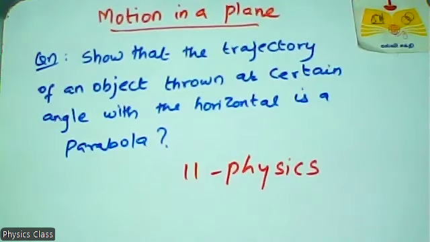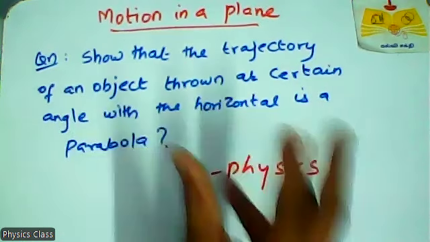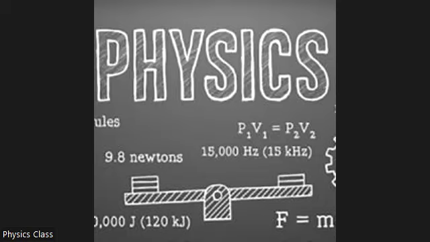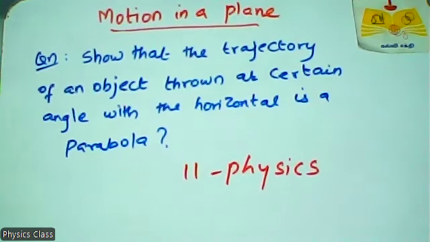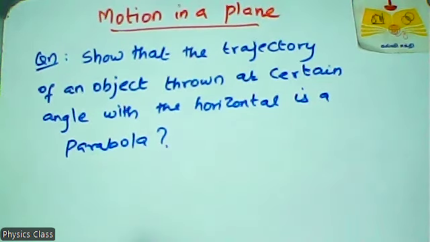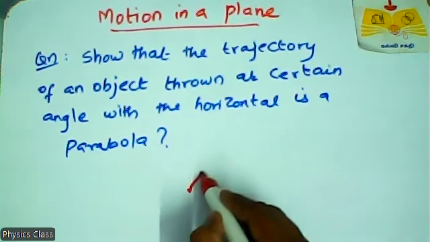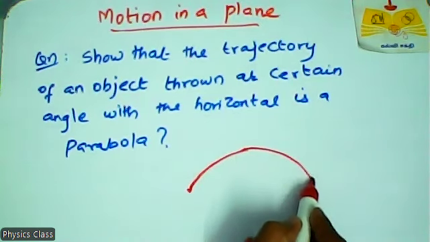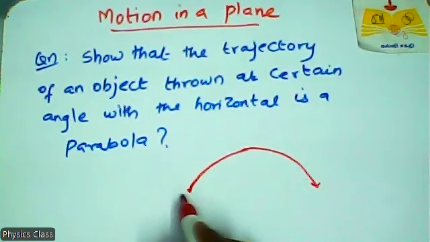First of all, we have to understand the meaning of this question. You throw one object, a ball, a stone, and that ball goes like this, and then it will come to ground and hit the ground at this place.